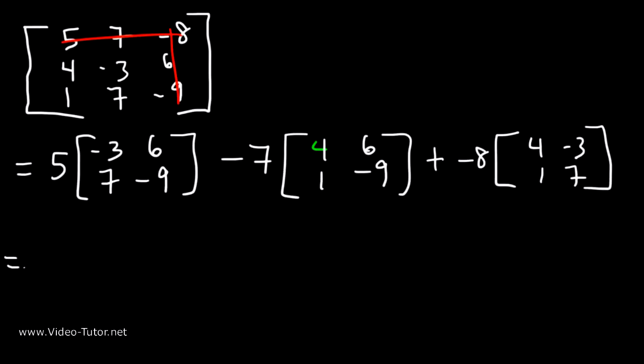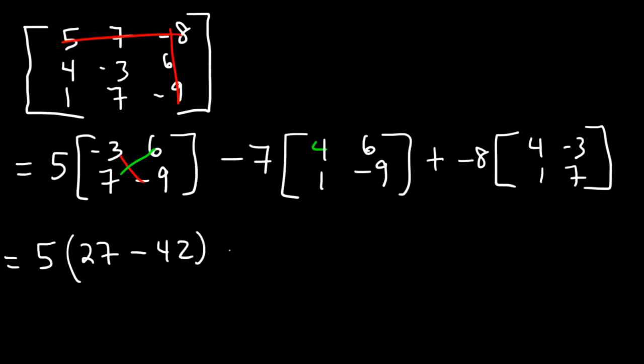Now let's go ahead and evaluate the 2 by 2 matrices. So first we have negative 3 times negative 9, which is positive 27, and then minus 7 times 6, which is 42. And then it's going to be negative 7 times 4 times negative 9, that's negative 36, minus 6 times 1, which is 6.